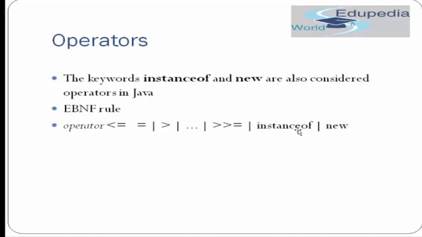We'll see an example of how it works later on. And then we have another keyword, instanceof. Instanceof tells us whether a particular object is an instance of some particular class. We'll also see the use of instanceof later. So the EBNF rule of operators contains those 37 operators, instanceof and new.